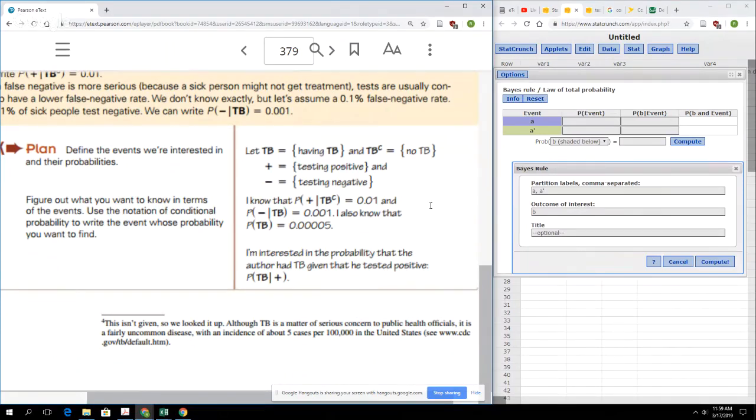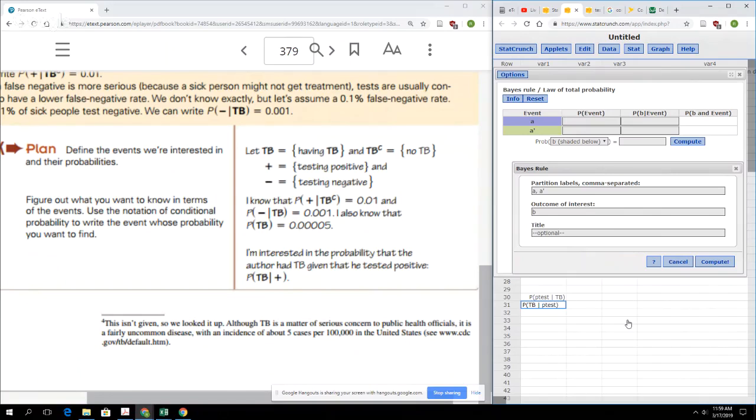But what we want is the opposite of that, right? So in probability language, what we have is the probability of a positive test given that you have TB, right? And we want to reverse this. We want to say, well, what's the chance that I have TB given that my test was positive?